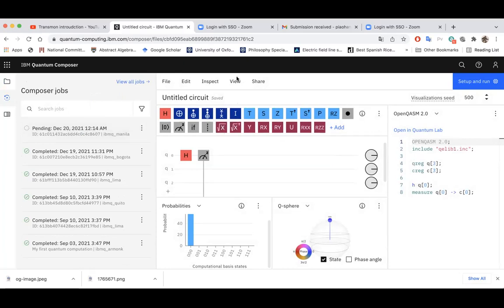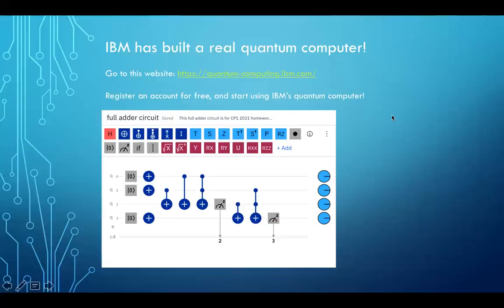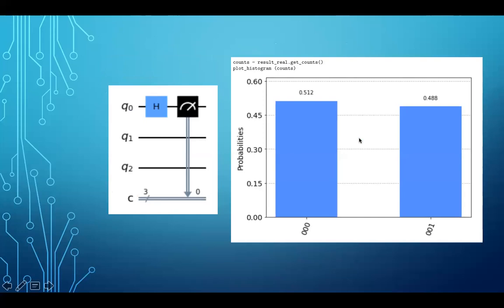So let's go back to the slides. What the result tells us is that there's roughly a 50-50% chance of finding the qubit in 0 or 1. That's what the Hadamard gate, or H gate, does for us. But it's not perfectly 50%, as you can see.